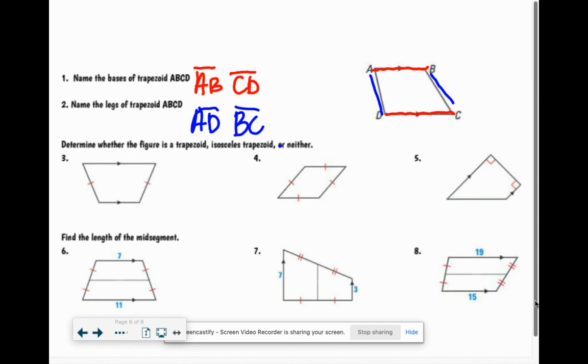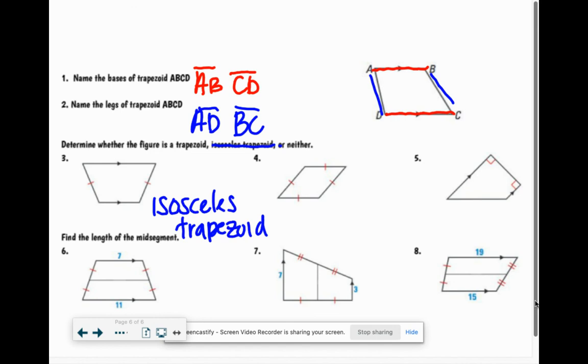Determine whether the figure is a trapezoid, isosceles trapezoid, or neither. We have one of each of those. What do you guys think 3 is? Trapezoid. It is a trapezoid? Exactly, so those legs are the same. What about 4?